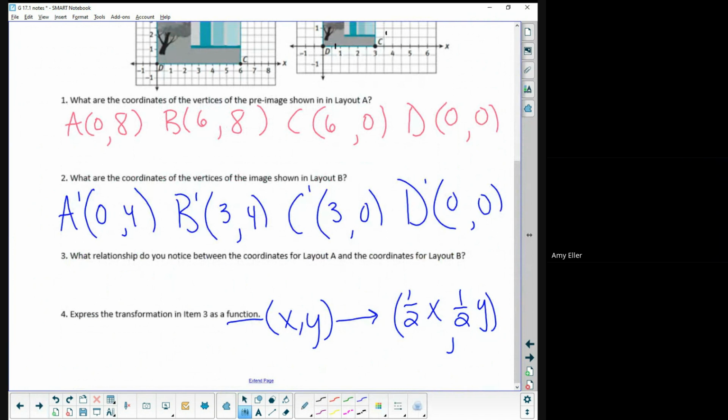This was a dilation about the origin. That 1/2 is called our scale factor. We'll talk about that in a minute.